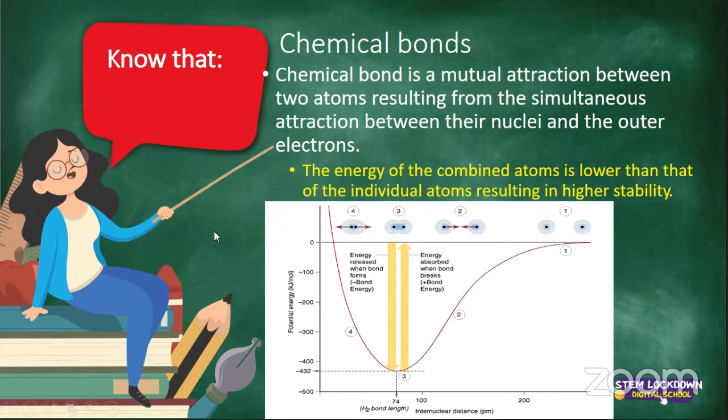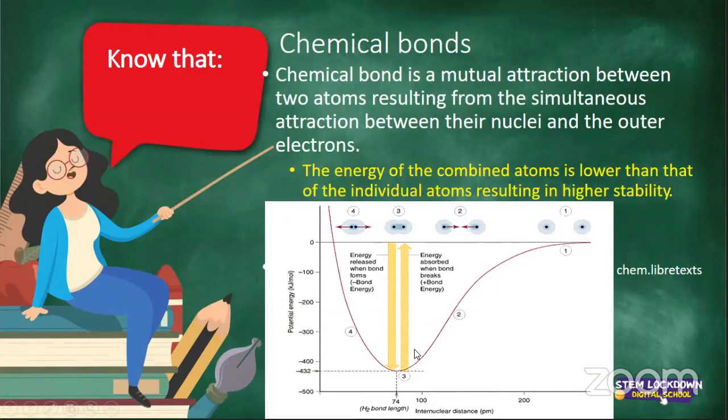So let's just go through this particular diagram here. I think I've taken it from Chem Libretexts. And from here, what we can see is that if we have two atoms here, their energies will be higher.